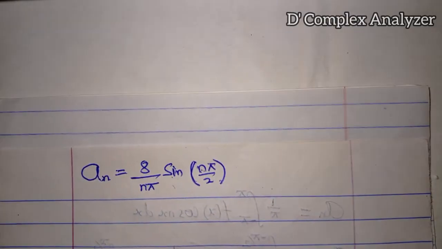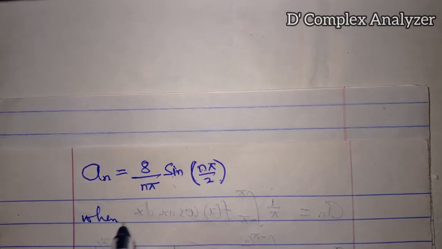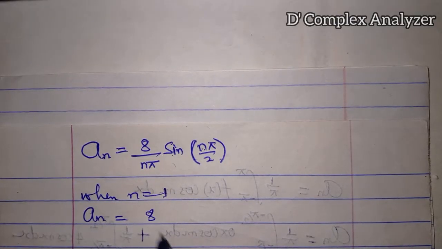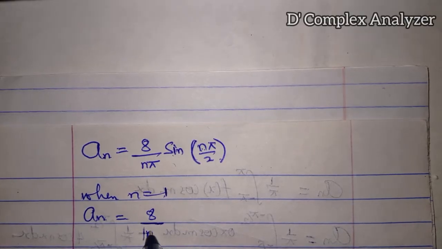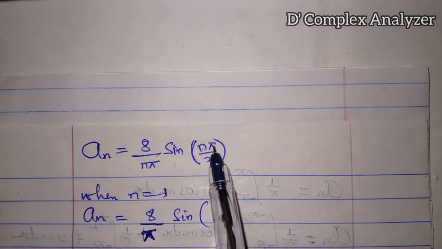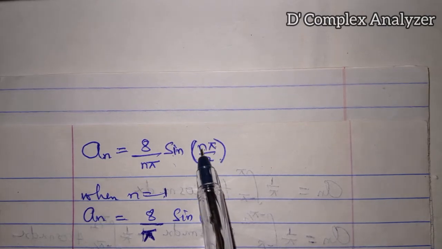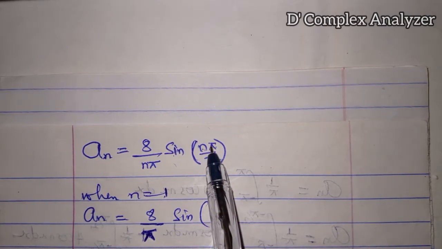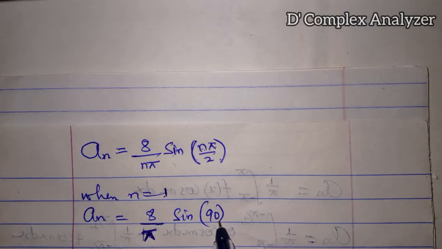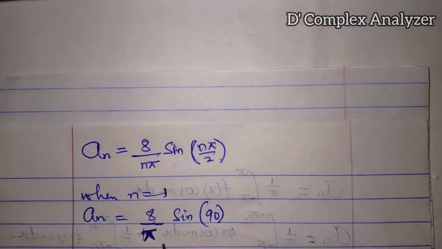Let's see. When n equals 1, a sub n is simply 8 over n pi, that's 1 times pi, times sine of 1 times pi over 2. 1 times pi is pi, which is 180 degrees, divided by 2 is 90. Sine 90 degrees is 1. So we have 8 over pi.